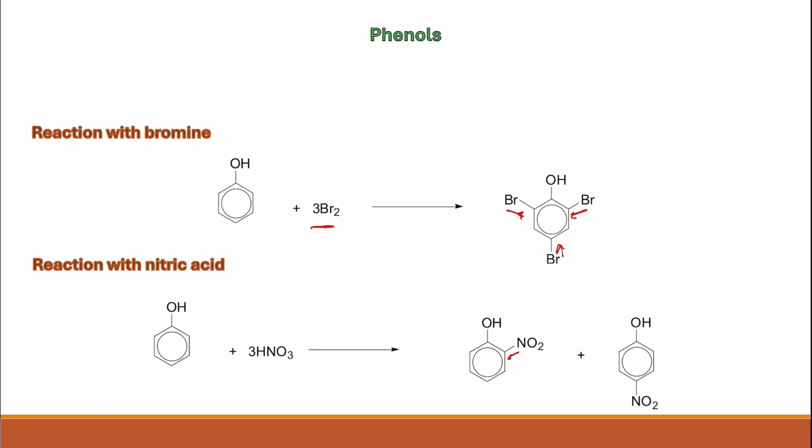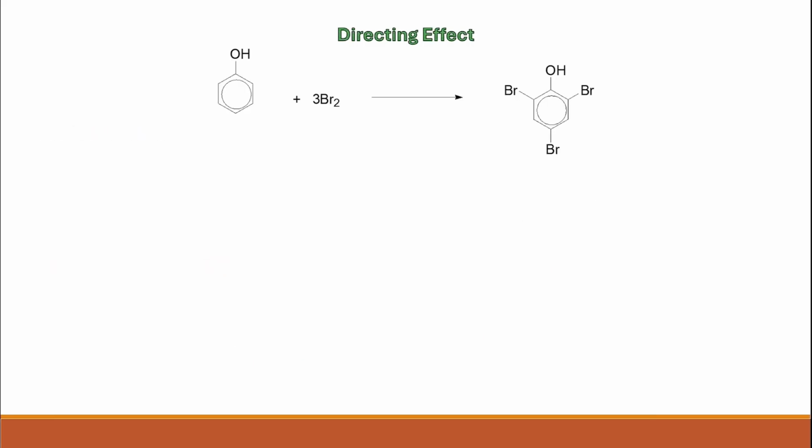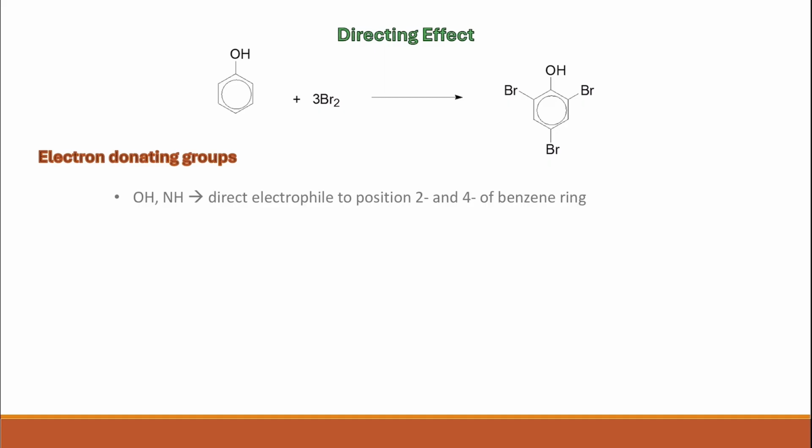Directing effect. So remember the directing effect of both electron donating and electron withdrawing groups. For electron donating groups like OH and NH, they will direct the electrophile to position 2 and 4 of the benzene ring. So you have here the phenol, and the phenol has an OH group, which is an electron donating group, and this will direct the electrophile, here the bromine, into position 2 and 4.